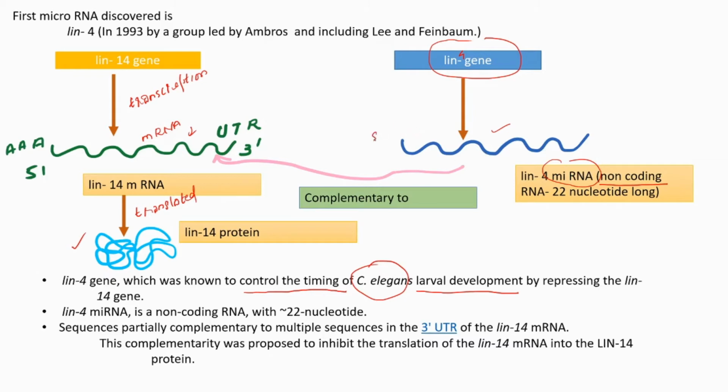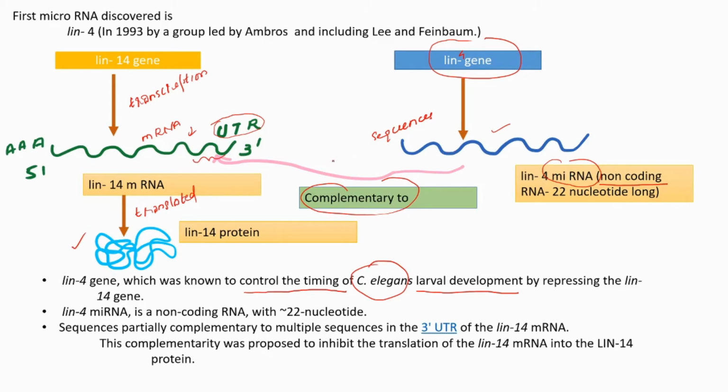Some of its sequences are complementary to the sequences in the 3' UTR of this mRNA. In the 3' region, base sequences are there, and the base sequence in this miRNA is complementary to them.